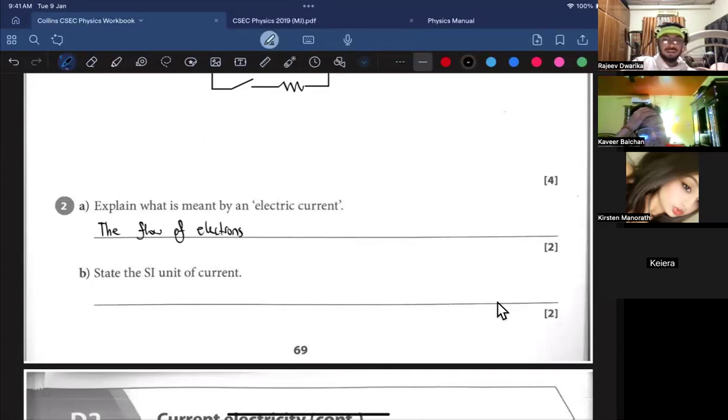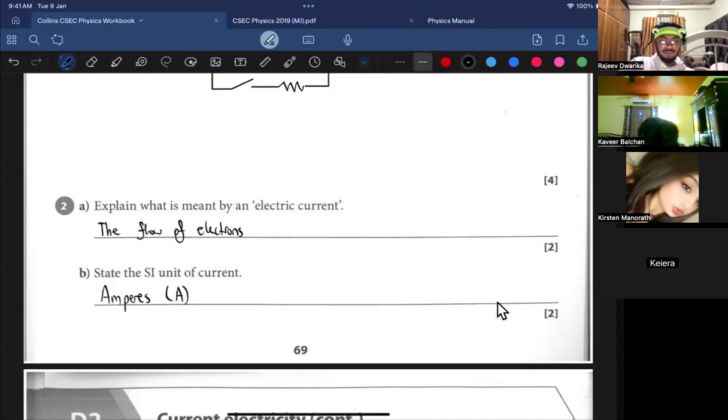What's the SI unit of current? What do we measure current in? Ohms? Yeah, amperes. The SI unit is A.